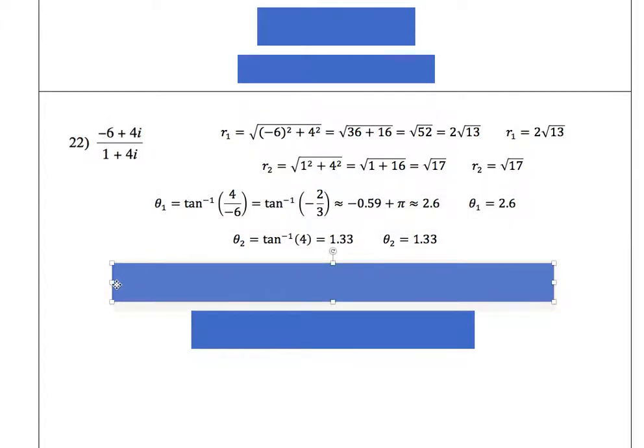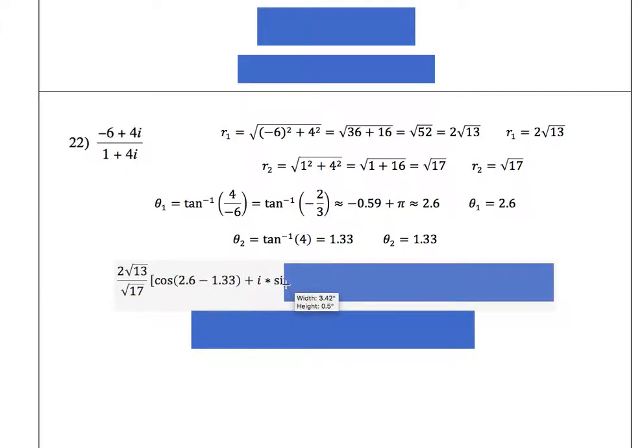All right, so now when we're plugging that all in, because we're dividing here, you're going to divide your two R values, and then you would be subtracting the two thetas here. Okay, so it's very similar to when we are multiplying our two binomials. The difference is we divide our values here and we subtract in here. And again, have the calculator do all the work for you.